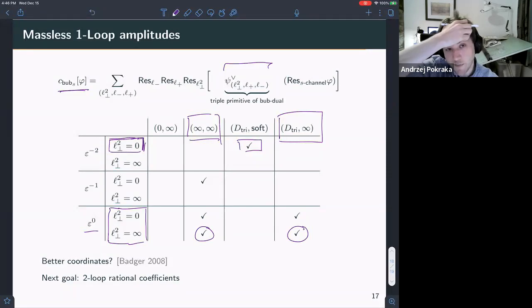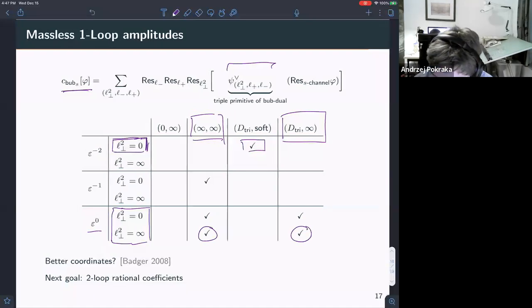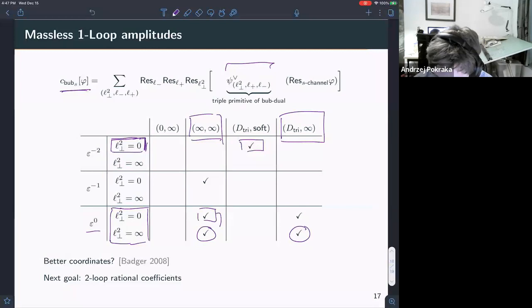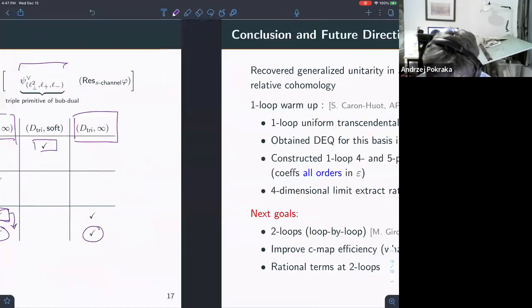So this comes back to this point of did we make the best choices? We don't know how to make the best choices at the moment yet, but there's probably a choice that would push this information in the top row exclusively down to the bottom row. And the next obvious goal would be to start looking at this at 2 loops.